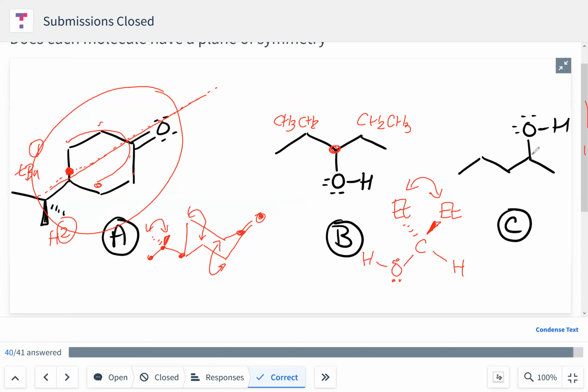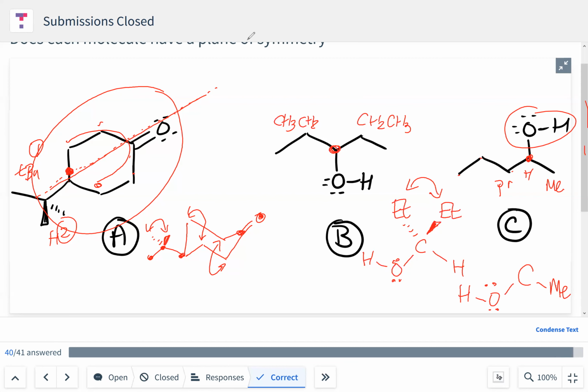Now C, everyone seemed to get, highest degree of confidence was on this one. And so that's right. So this carbon has got 4 different substituents. It's got a methyl group, it's got a propyl group, it's got a hydrogen, and it's got a hydroxyl group. And if we were to draw it in a similar fashion as this one here, we would have methyl, OH.